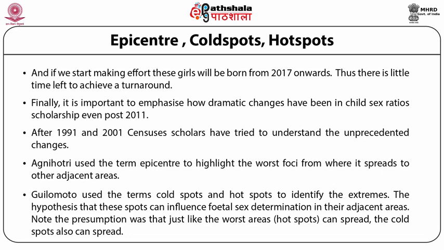Scholars like Guilmoto used cold spots and hot spots to look at the extremes, cold being really good ratios, hot meaning the worst areas. And the presumption was that the cold will also spread just like the hot spots are spreading.